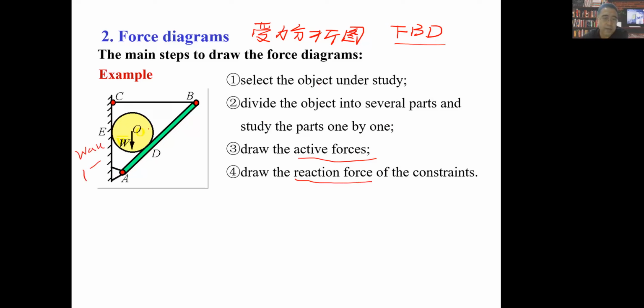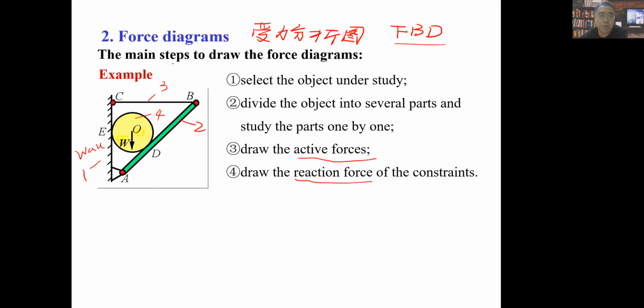It contacts with this ball at point D. Here BC is very thin, it's a rope or string. We can call that 3 and this ball 4. So the 1, 2, 3, 4 bodies constitute a body system in the state of balance, or the equilibrium state.